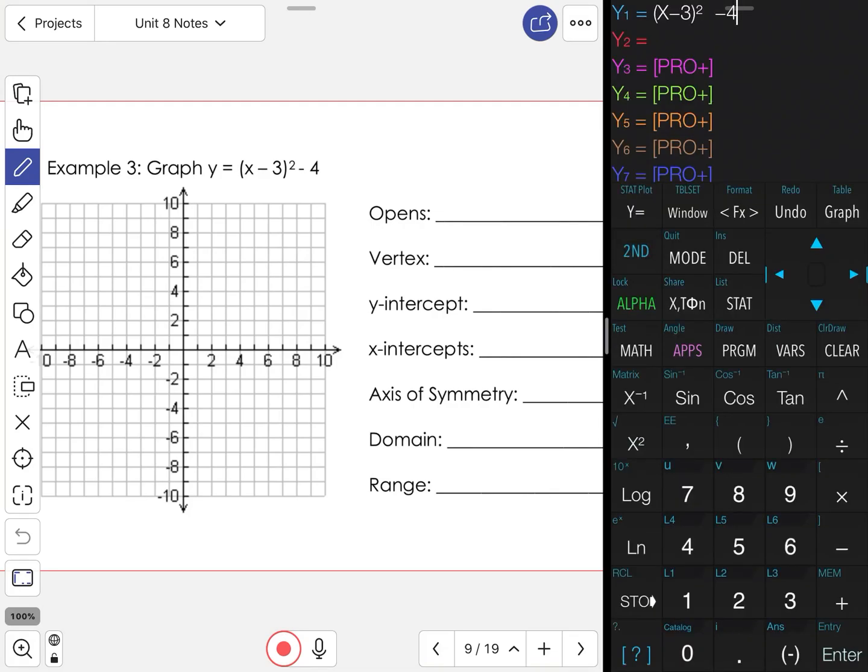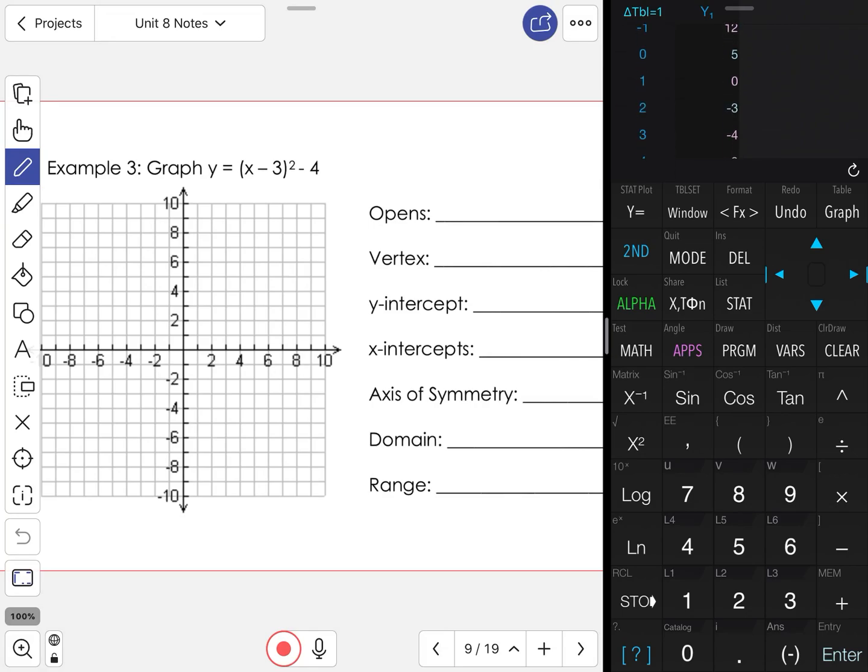So we're going to go to our table to get some of those points, second graph, and we're going to plot all of the points that we possibly can.